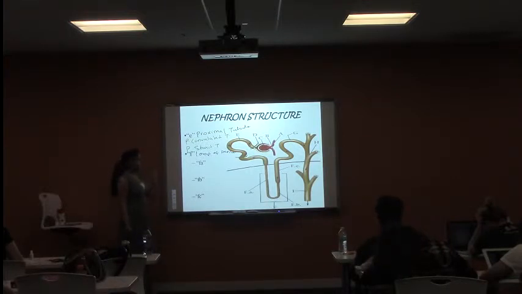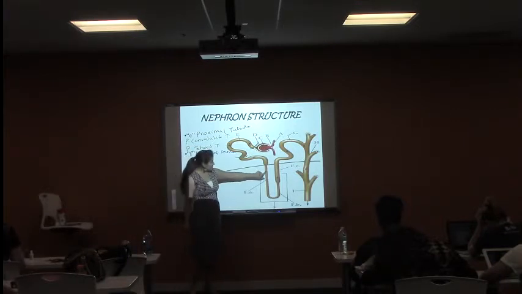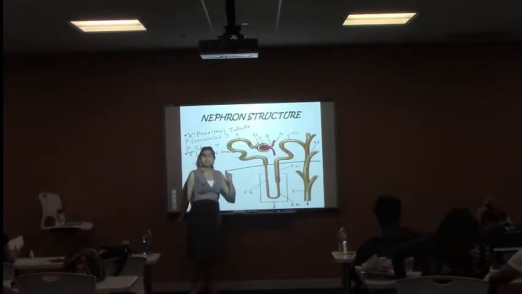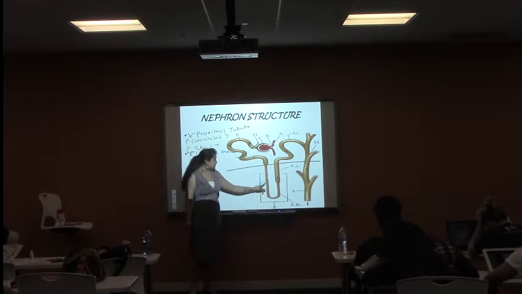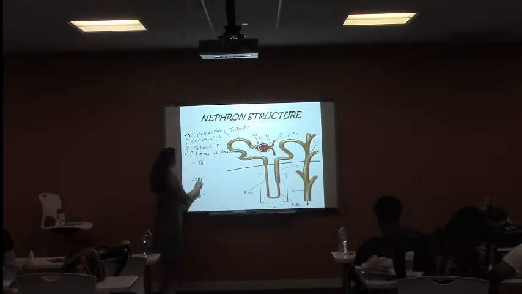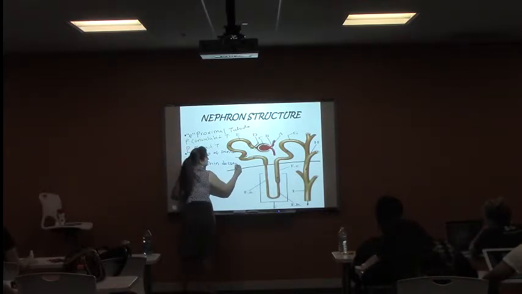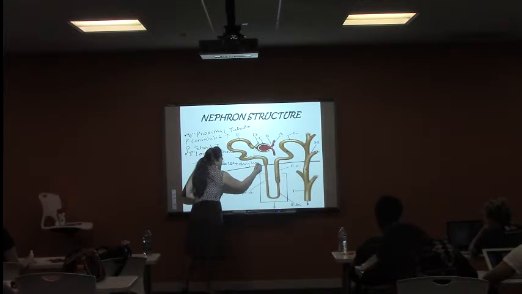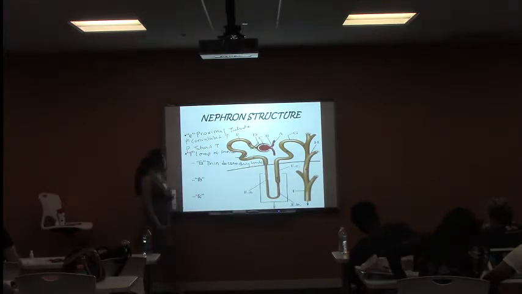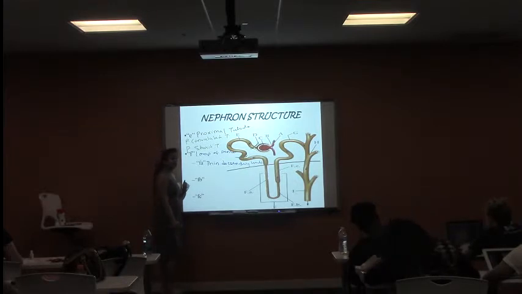Now, the loop of Henle has multiple parts. FA, which is this one going down, is called the thin descending limb because compared to this, it's just thin and the fluid is going downward. Therefore, it's thin. Okay? So FA is thin descending limb.